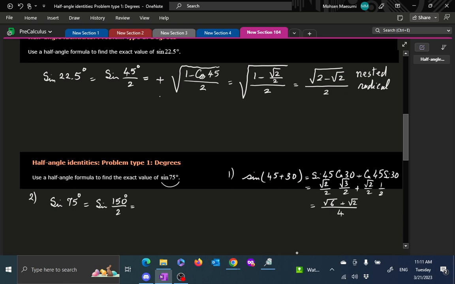Okay, that's 150 over 2, and that is, again, 75 is in the first quadrant, so the correct choice of plus or minus is plus, and then I have 1 minus cosine of this angle 150 over 2. Yeah, that's the same formula. Now the next question is, what was cosine of 150? Do we remember that one?